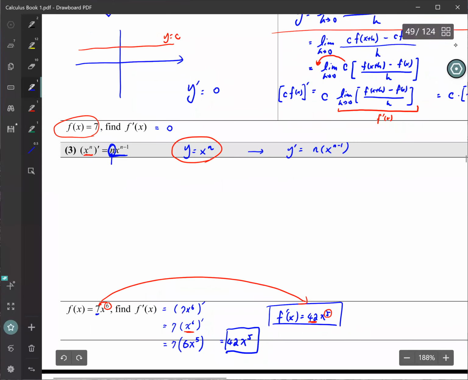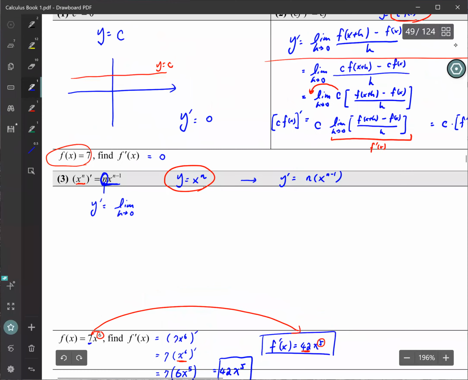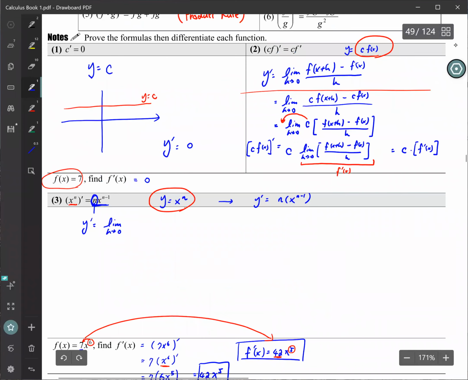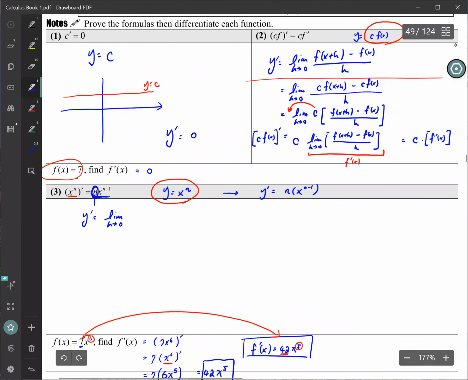Definition number 3 tells us that if I want to prime, it'll be the limit as h approaches 0 of f of x plus h, and our function is x to the n, so it will be x plus h to the n, right?